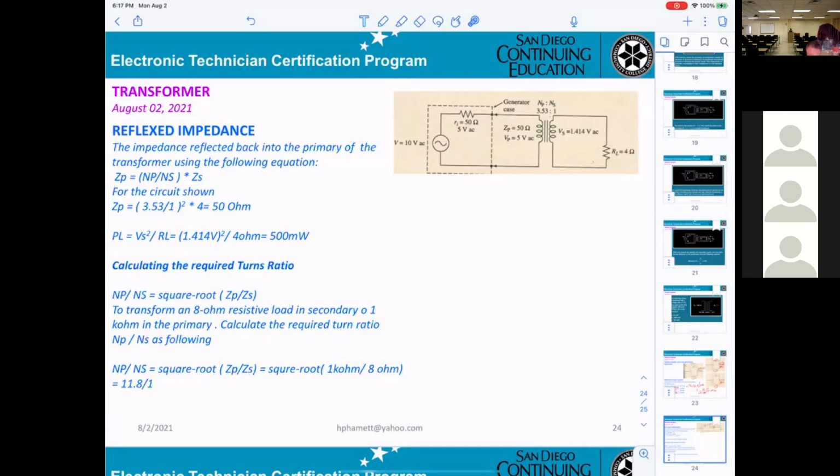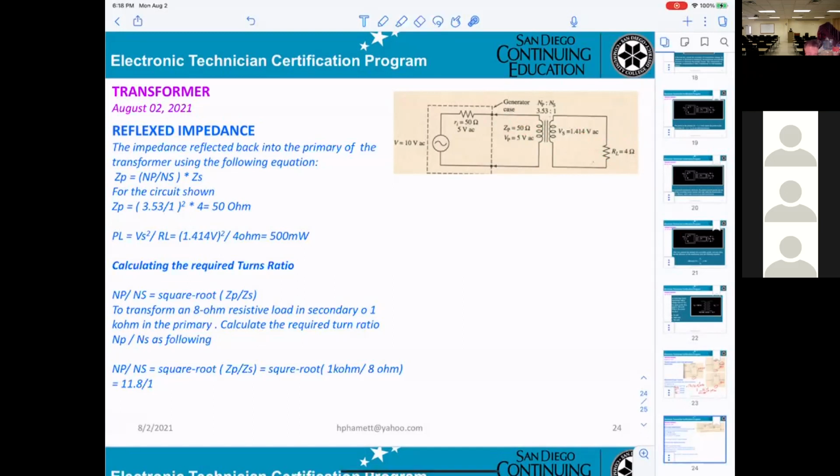Basically, what they want is for the maximum power to go into the load. So that's why they're using the transformer. The transformer primary here, this is primary, this is secondary.